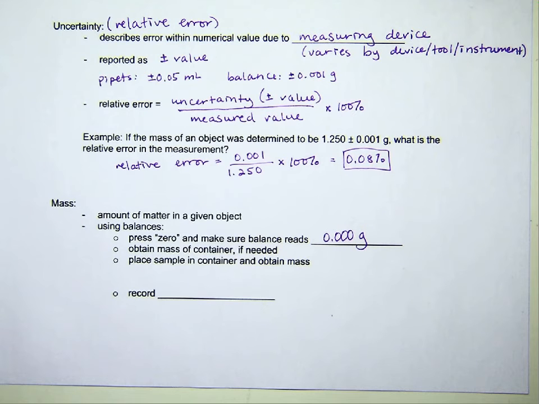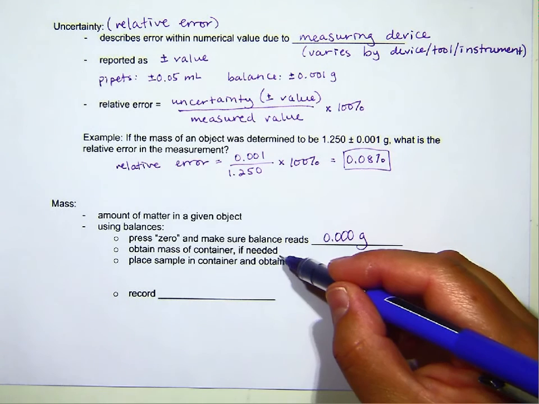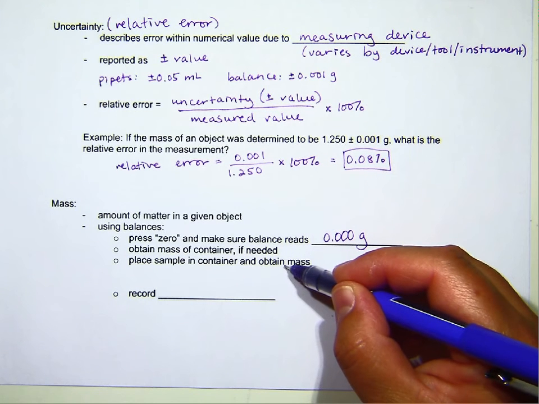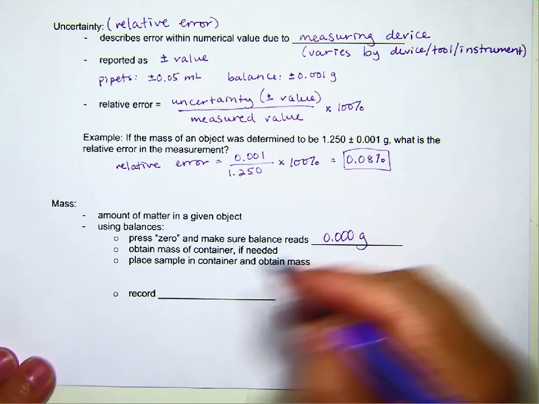If you're measuring something that's easy to put on a balance, like a block or a cylinder, or just some object, you can go ahead and place it right on the balance and read what it says. If you have a liquid or a powder, or you just need to place the substance you're measuring inside of something so it doesn't go everywhere, then we always first obtain the mass of the container, then put the sample in the container and obtain the mass.